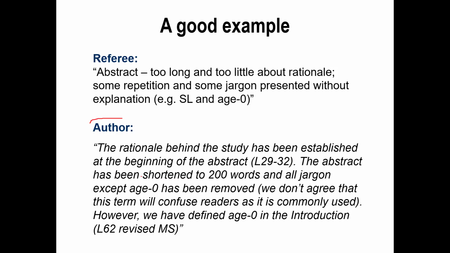The abstract has been shortened to 100 words and all jargon except H0 has been removed. We don't agree that this term will confuse the readers. I wouldn't suggest that you add that last part, but some people can add it so that it is respectful.